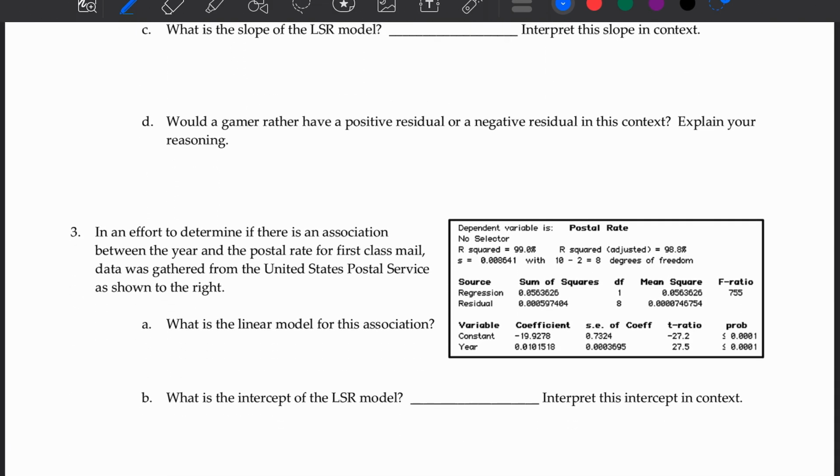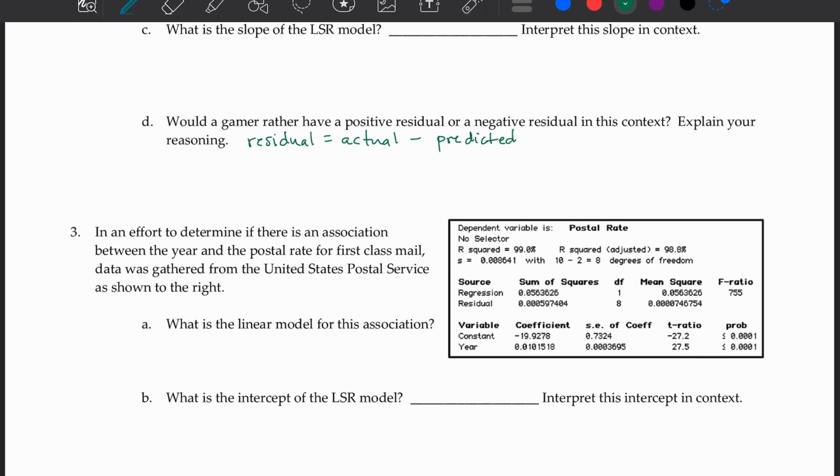And then a little hint back at something called residuals. If you don't recall what a residual is, let me remind you really quickly. The residual for a point in a scatter plot is the actual Y value minus the predicted Y value.